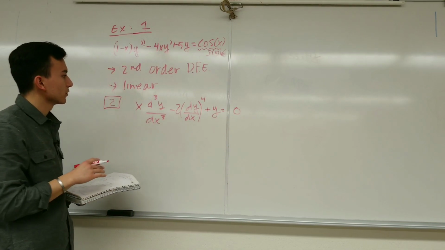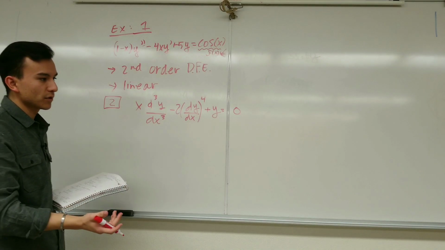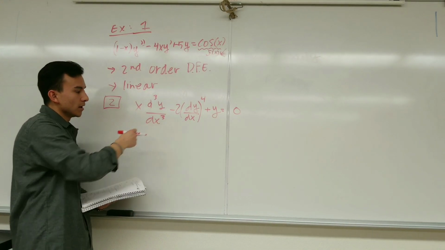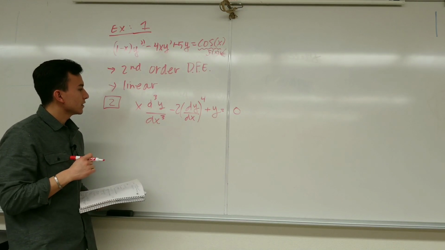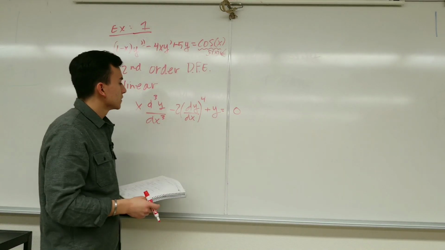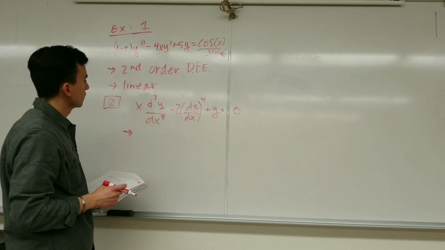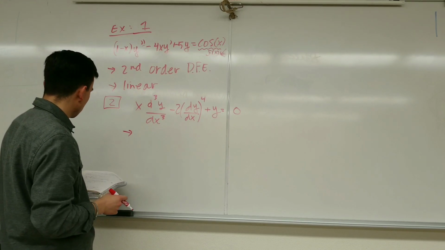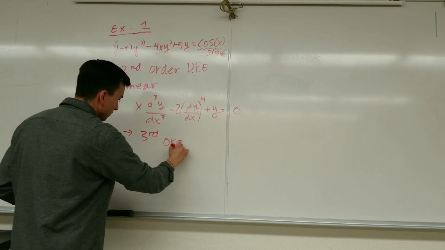Now this one's an important one because, one, it shows you a different way to write the derivative, but it's crucial to understand the difference between orders and powers. So what would be our order for this differential equation? Well, it's going to be third order.